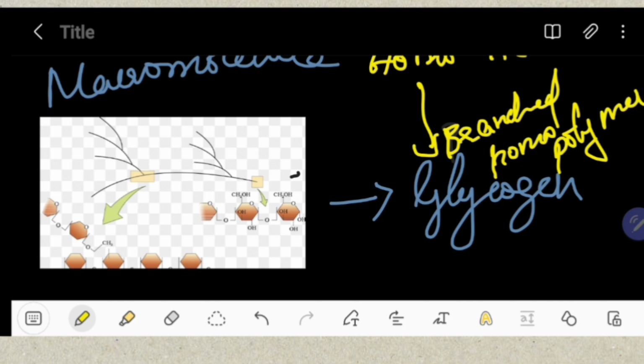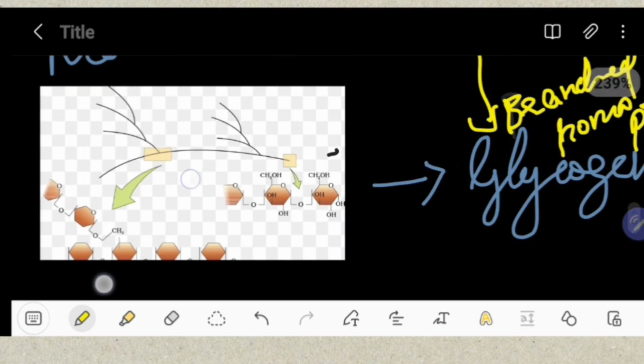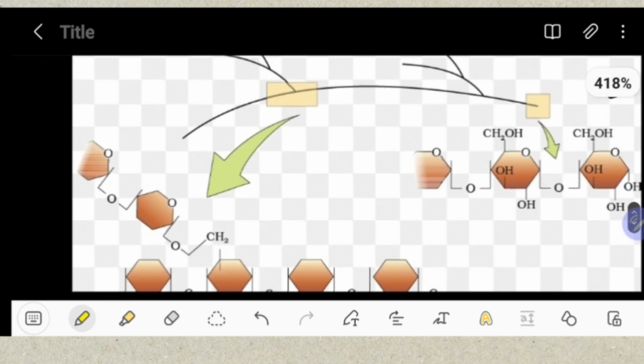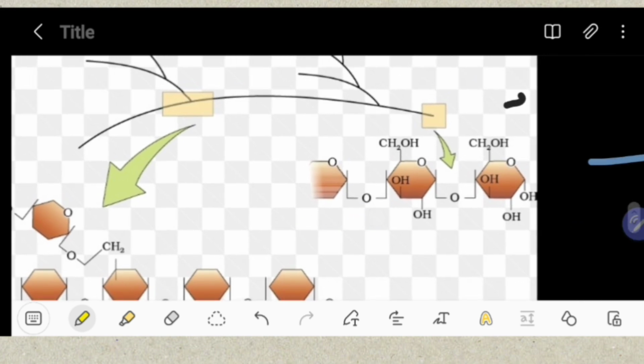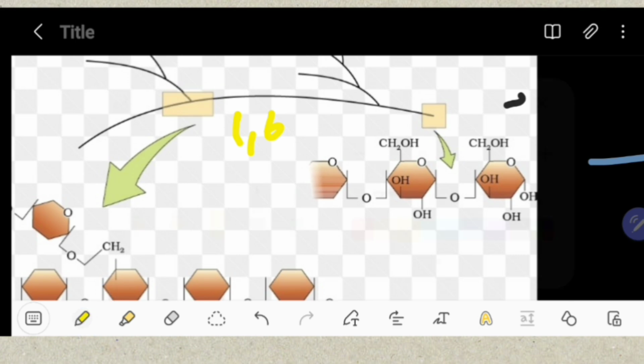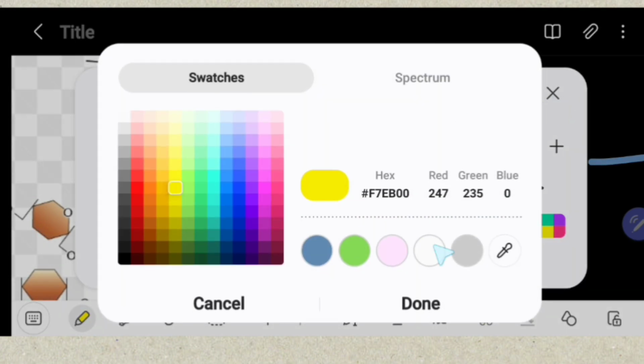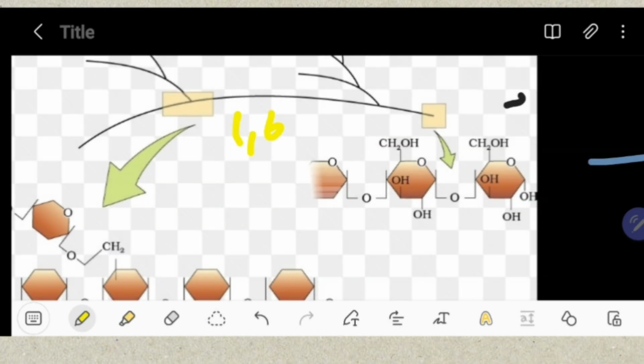Branched homopolymer of glucose is glycogen, and it shows 1,4 glycosidic linkage. See, 1,4 between these, 1,4 between these, and then here you can see the 1,6 glycosidic linkage also. So 2 types of linkages are seen here, 1,6 glycosidic linkage and 1,4 glycosidic linkage.